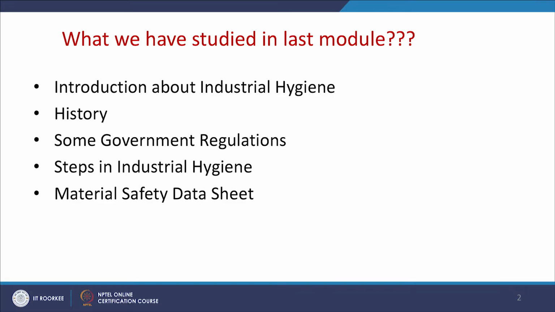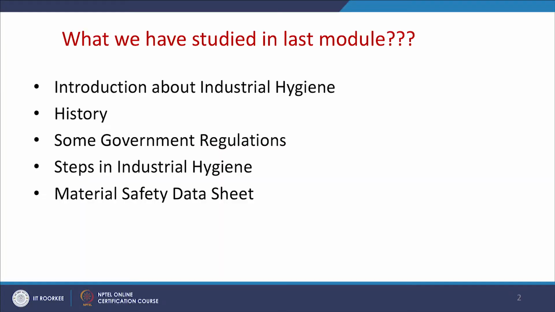We discussed some abbreviations related to the governmental regulations we are going to handle in the subsequent modules. We also covered the steps involved in industrial hygiene, like identification, evaluation, and control methodology, and a brief description of the material safety data sheet.